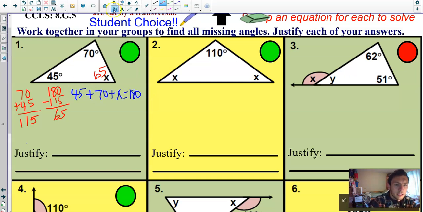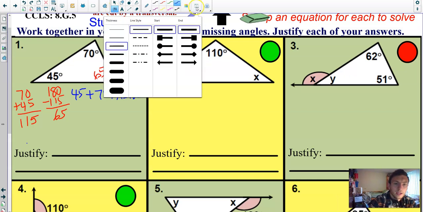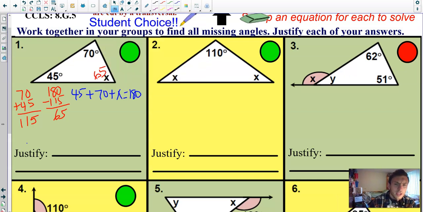Alright, let's take a look at number 2. So this one we only know one of the angles, but both of these angles are called x. So what does that tell us about both of them? Since they're using the same variable, that means they have to measure the same amount. So, again, I can do this in 2 ways. One is the procedural way, where you're just using arithmetic.